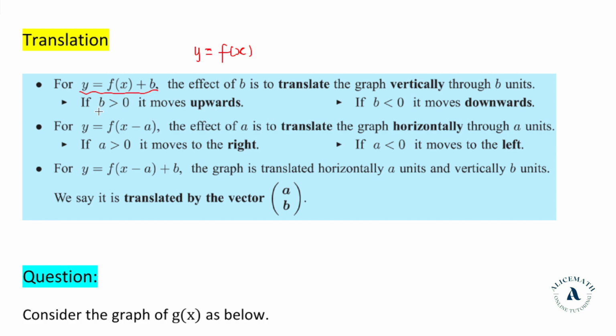It depends on the sign of b. So if b is positive, it means move upwards. If b is negative, it means the opposite way, move downwards. So no matter whether b is positive or negative, it means to translate the graph vertically.